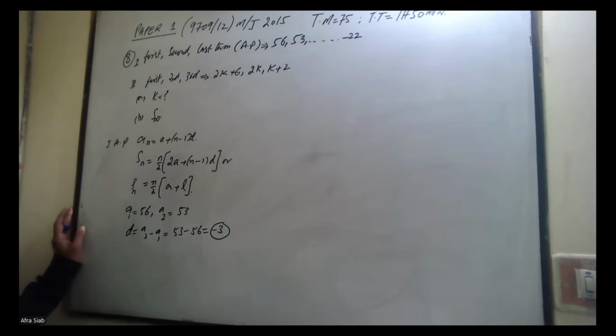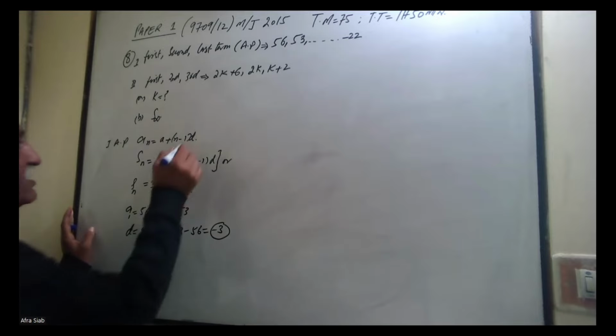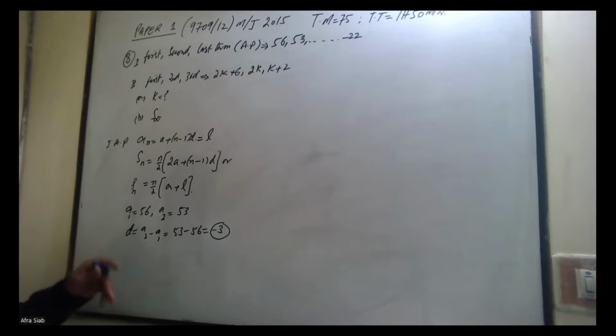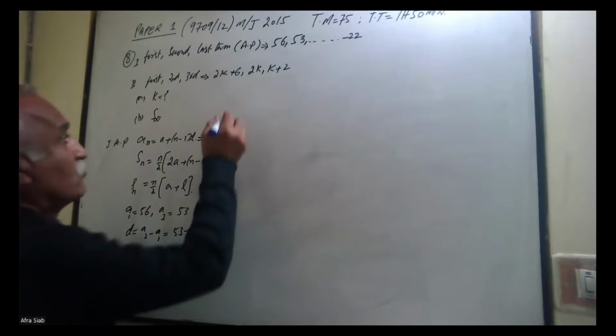Now you are going to find the sum of this. But first, we will calculate the number of terms n, using the formula an is equal to a plus n minus 1 into d, because this is also the last term. So the last term is equal to minus 22.